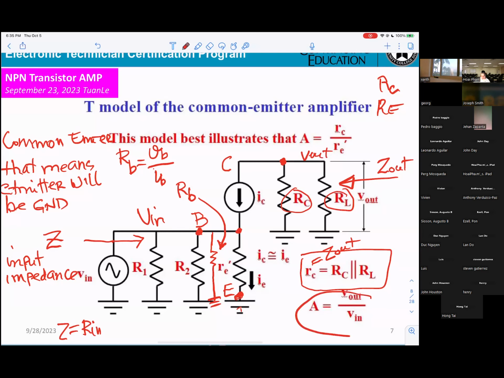So if you want to calculate the gain of the amplifier, you take the V out divided by V in. So that is a complete analysis for the common emitter amplifier.